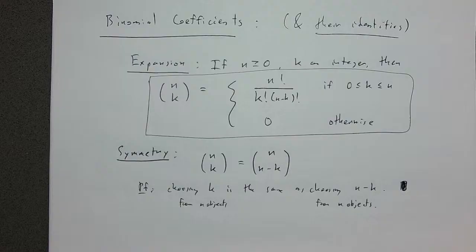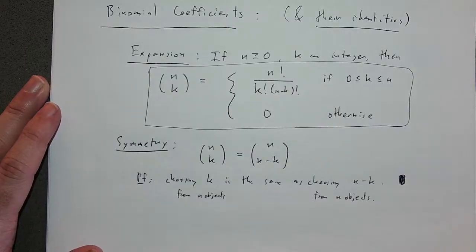This is why we call it symmetry. A selection is simultaneously a non-selection. Selection of k objects is simultaneously a non-selection of n minus k objects, so counting the number of non-selections is counting the number of selections. This is why you get this.